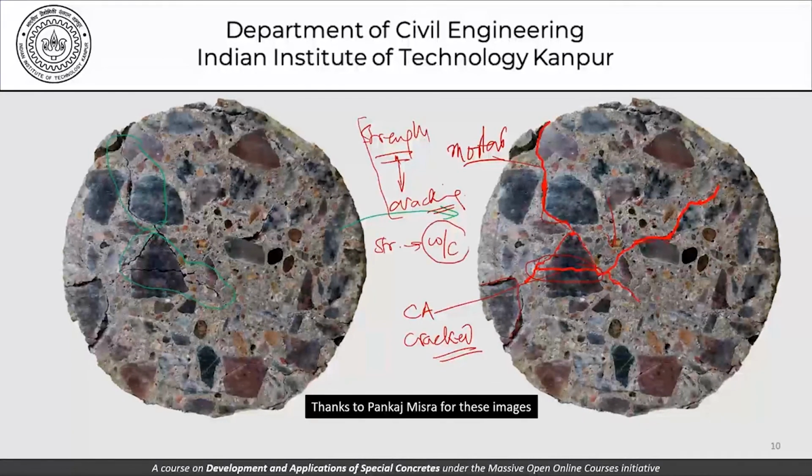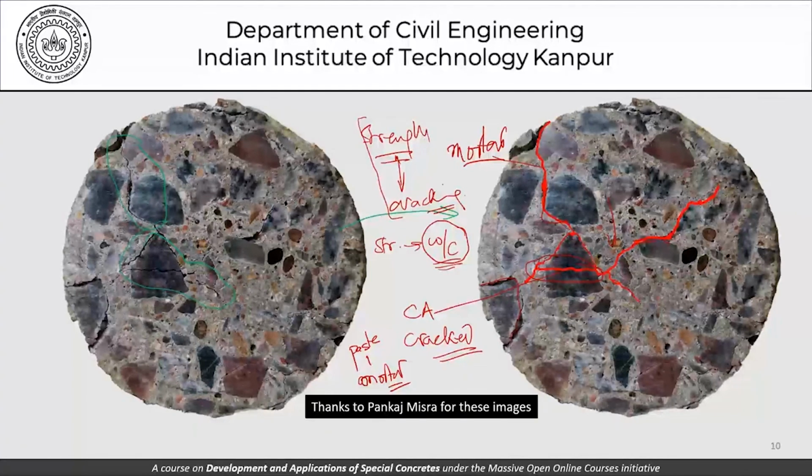Now what does water cement ratio do? Water cement ratio is the parameter that governs whatever paste and whatever mortar you used. So that really is an important issue, and you see the cracks are going through this. The aggregates normally do not crack, and cracks go around the aggregates.